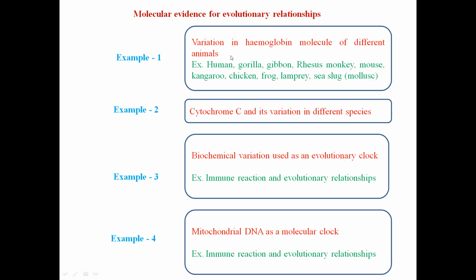We take human and compare with gorilla, gibbon, rhesus monkey, mouse, kangaroo, chicken, frog, lamprey, and sea slug, a mollusc. The second example is cytochrome C and its variation in different species. The third is biochemical variation used as an evolutionary clock, with the help of the immune reaction. And the last example is mitochondrial DNA as a molecular clock, immune reaction, and the evolutionary relationship.